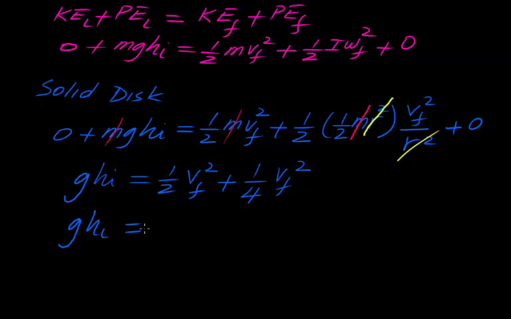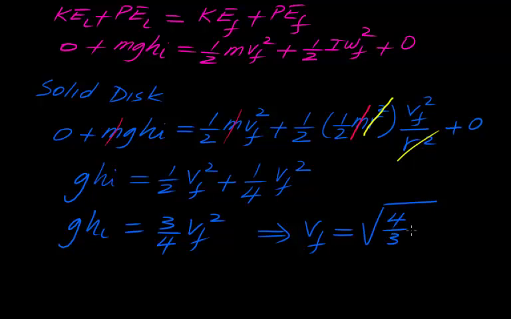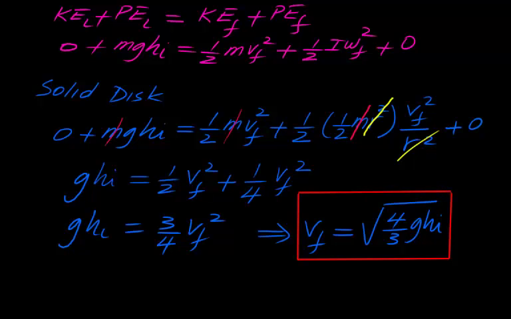So gh initial equals, notice that 1/2 plus 1/4 is 3/4, v final squared. Isolating v final, we obtain the square root of 4/3 gh initial. And this is the mathematical expression for the speed of the solid disk at the bottom of the incline.